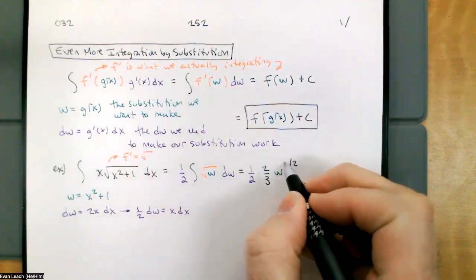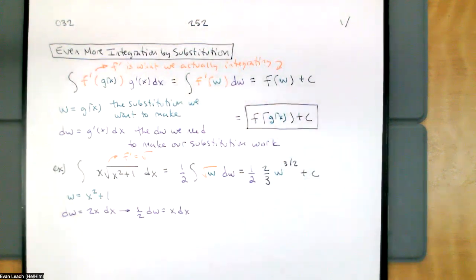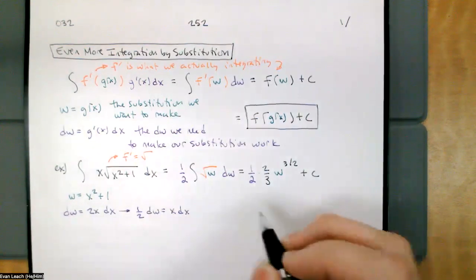And since we've integrated, this is when our constant of integration shows up. So there we are integrating the square root of w, or w to the 1/2 power. We add 1 to the exponent, divide by the new exponent. The 1/2 was there because of the dw. So we could simplify that and replace w with our expression in x.